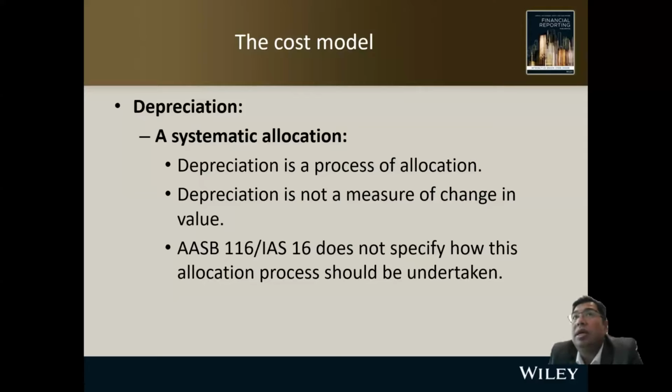The most common one is the straight line method. You have the declining or diminishing balance method, which we also call the reducing balance method, and then we learned about the sum of digits method, or methods based on production hours. So there are many methods to calculate depreciation. This accounting standard does not specify you must use method A, B, or C. It's free for you to choose whichever method is more suitable for your type of assets.